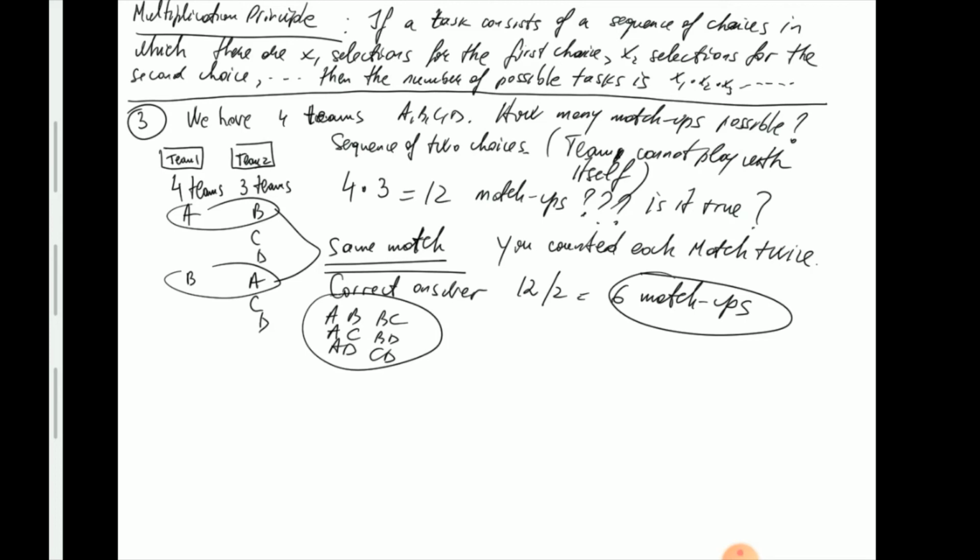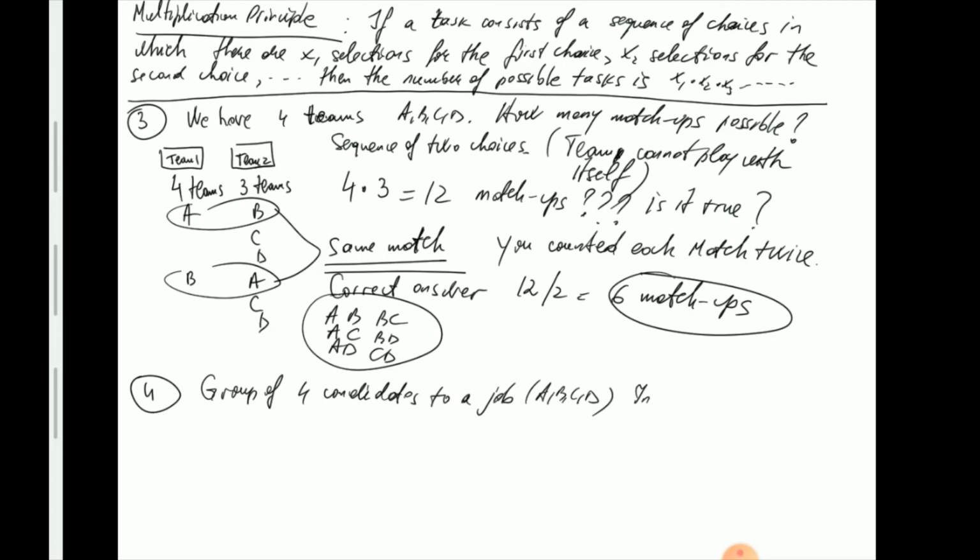Here's another example in which we have to be careful when we figure out the number of selections. Let's say we have a group of 4 candidates for a job. These candidates are A, B, C, and D, just like before.